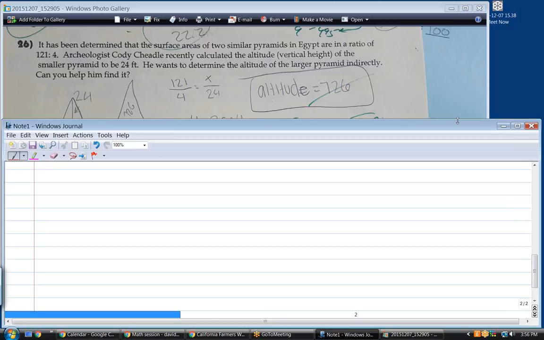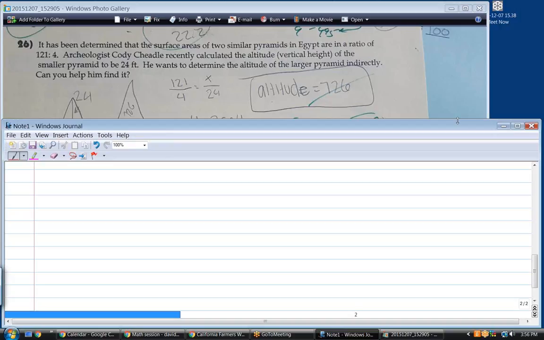The principle being that if you have similar figures, the ratio of their areas is the square of the ratio of their linear ratios, and the ratio of the volume is the cube of their linear ratios.